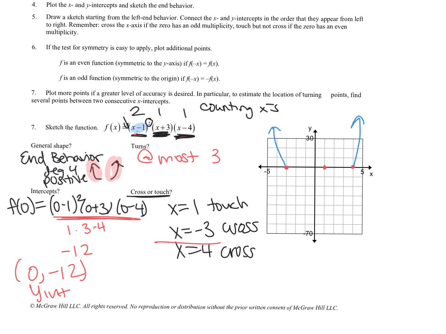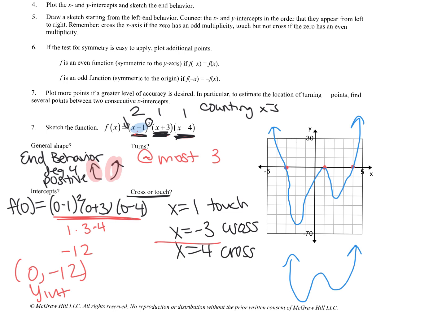Okay, and then I know that at 1 I should just barely touch. So I'm going to go through this ordered pair, down, back up, barely touch, down, go up. Okay, now it doesn't have to be perfect. My lines don't look that great, but really the curves would be smooth is what I'm trying to say.